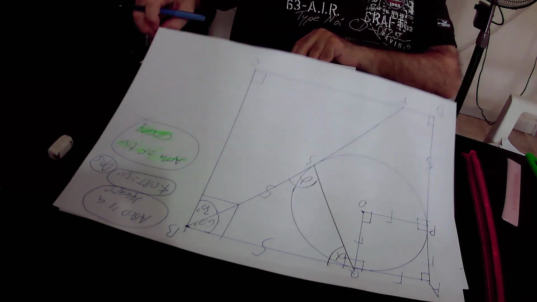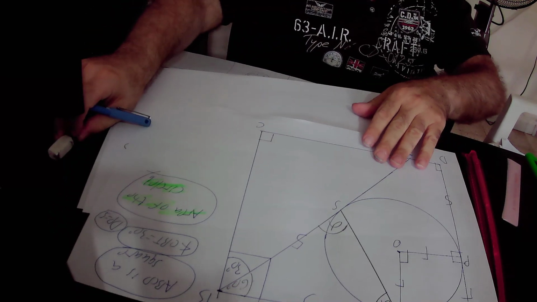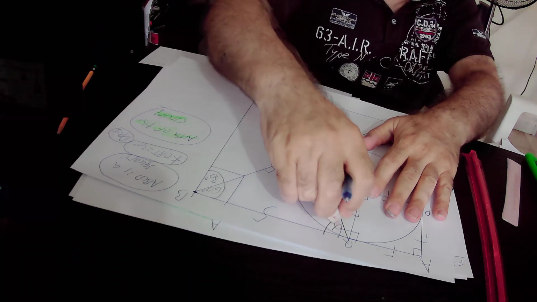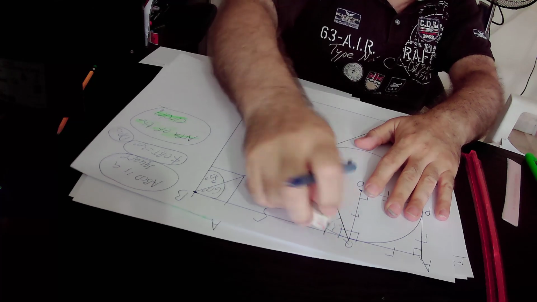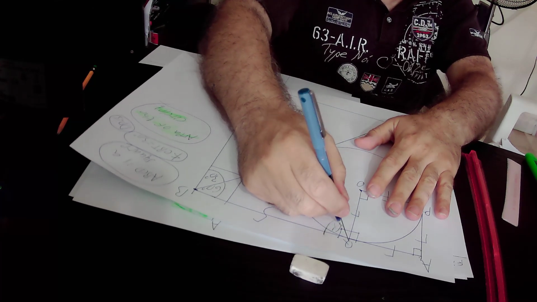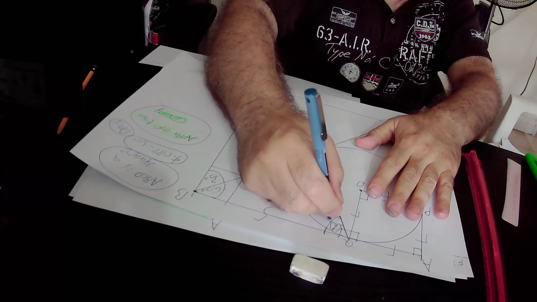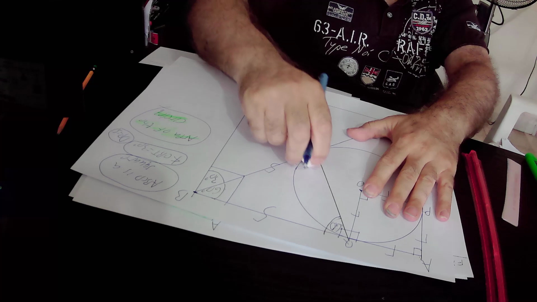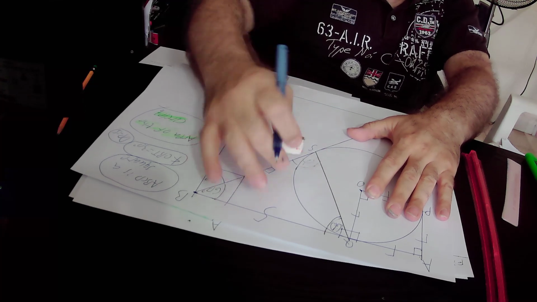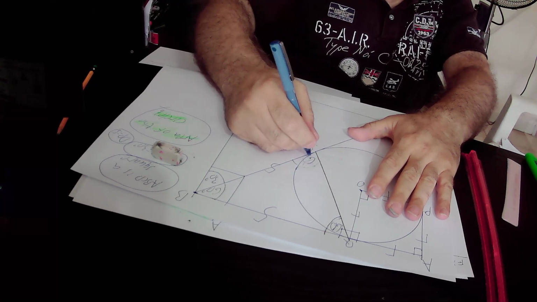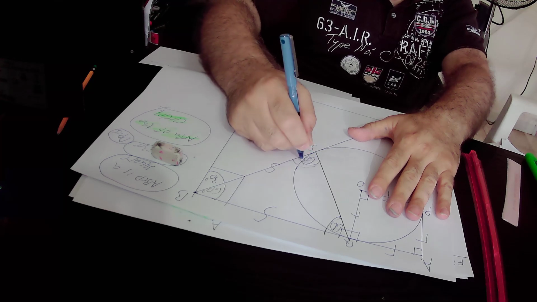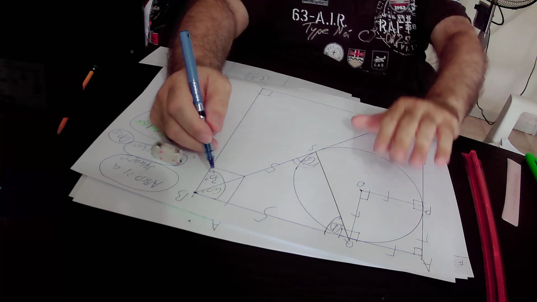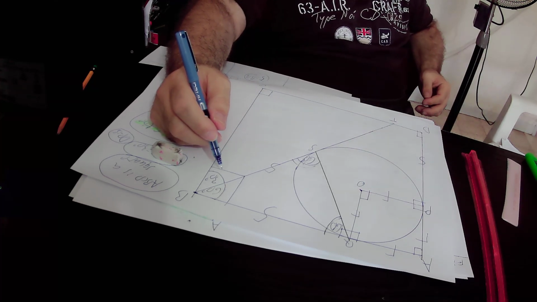So we found out that angle alpha equals 60 degrees. This is angle alpha that is equal to 60 degrees, and this is also angle alpha that is equal to 60 degrees. So in triangle BQS, we have three angles that are equal to 60 degrees.